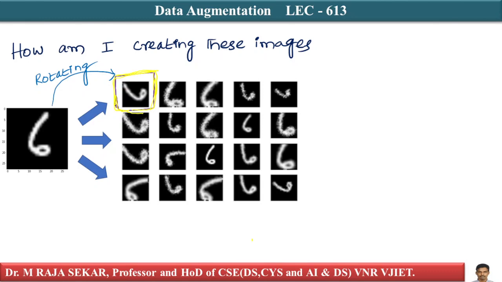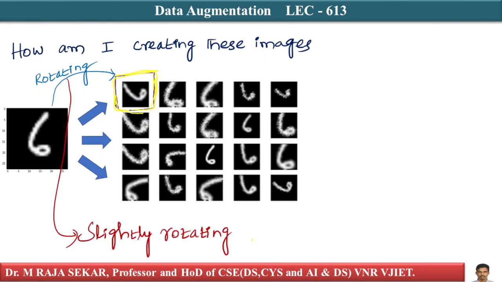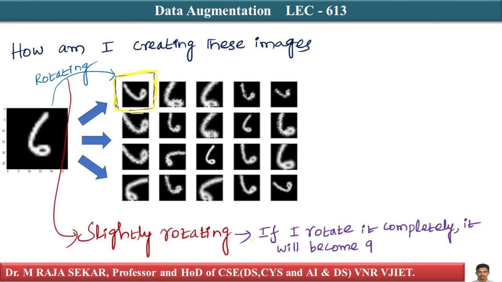I am slightly rotating it because if I rotate it completely, it will become 9, so I don't want to do that. I also add some noise. It is the same 6, but I have added some noise.